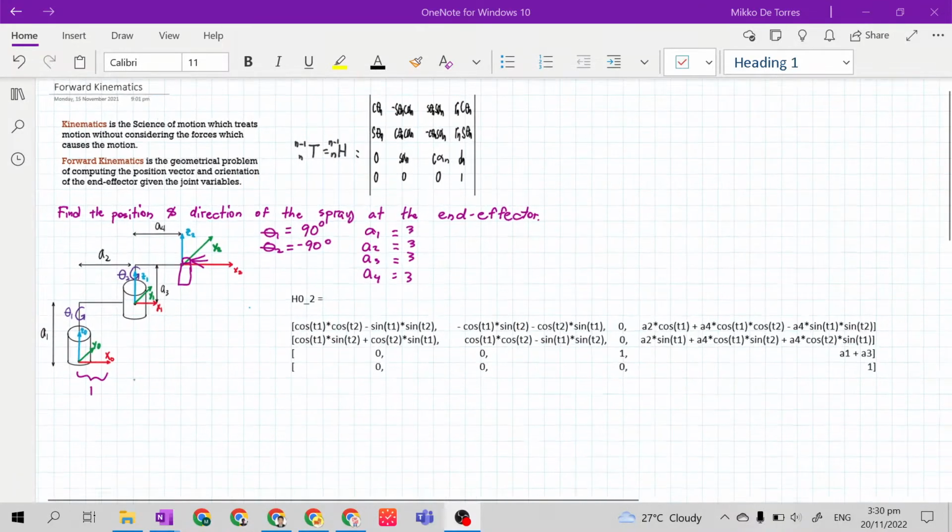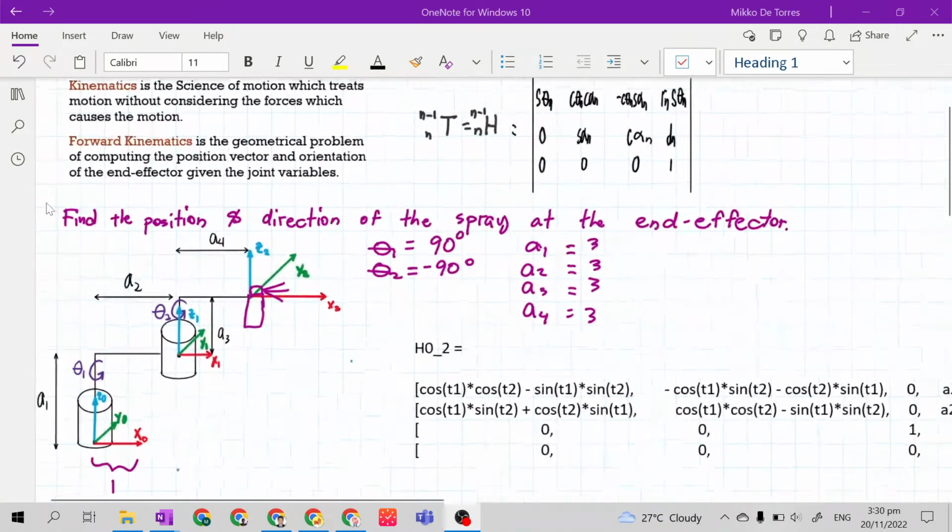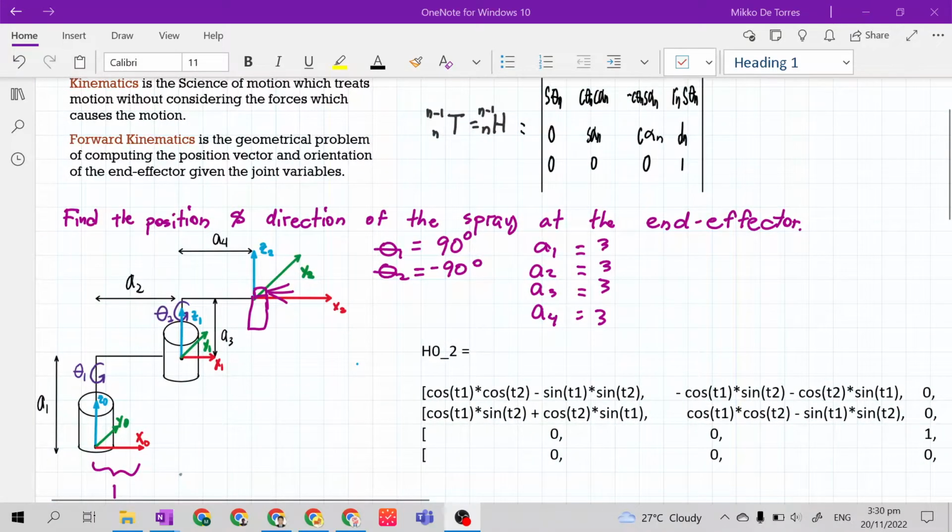If you already have the homogeneous transformation matrix from either method, what you will do is substitute the value of the joint variables and the value of the link lengths. For example, for this problem in this drawing, we have the kinematic diagram of a 2 degrees of freedom spatial mechanical manipulator.